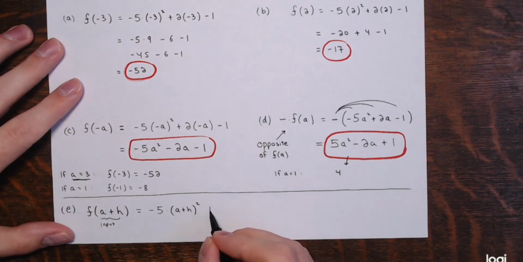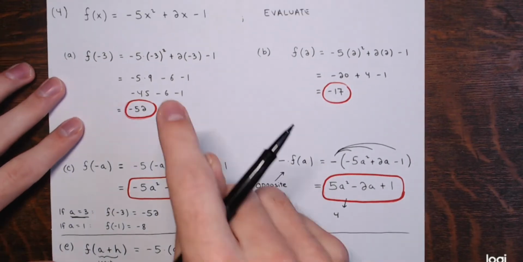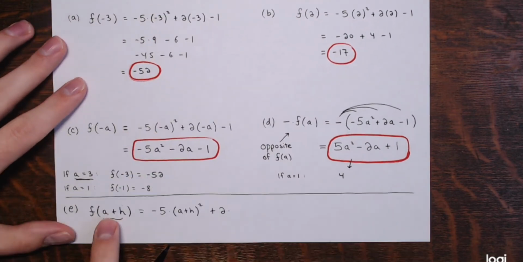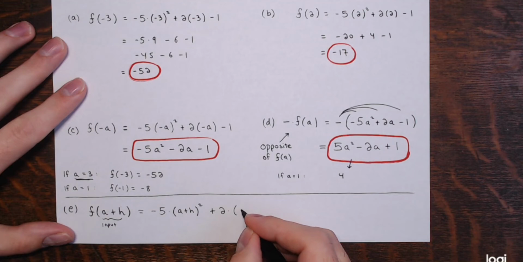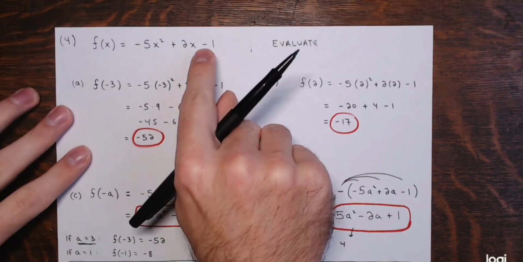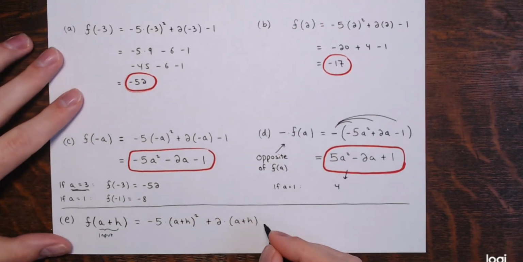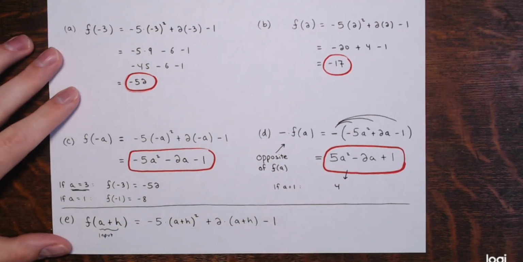And then you have plus 2 times, and then again, instead of X, it is now this quantity, put in parentheses, A plus H. And then you have -1, so that's not changing, right? -1. Alright, now we simplify this.